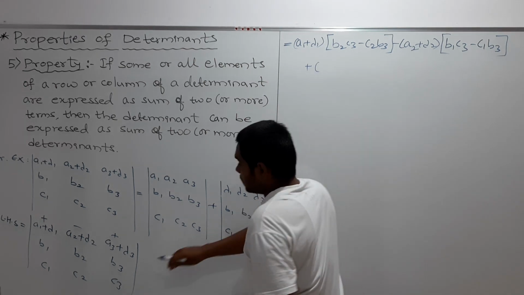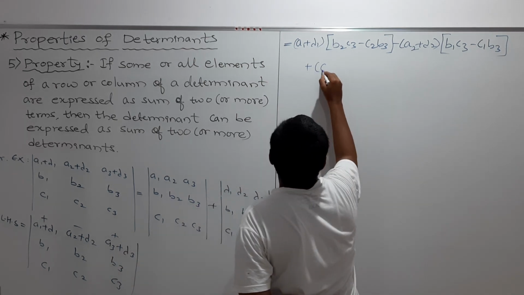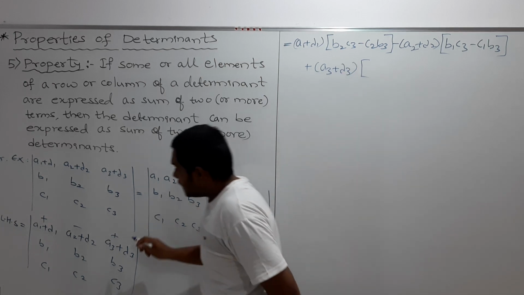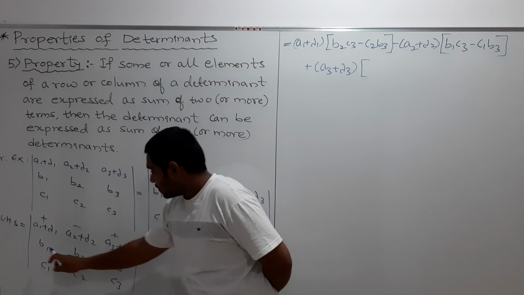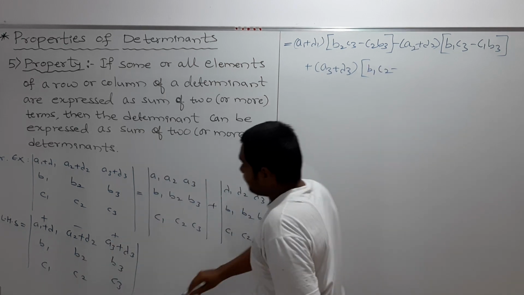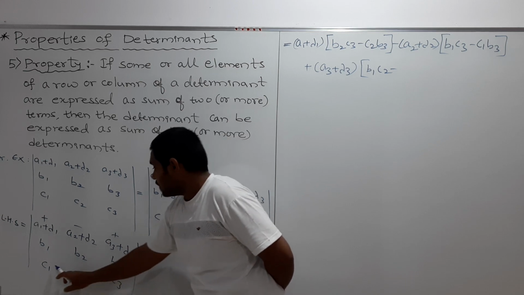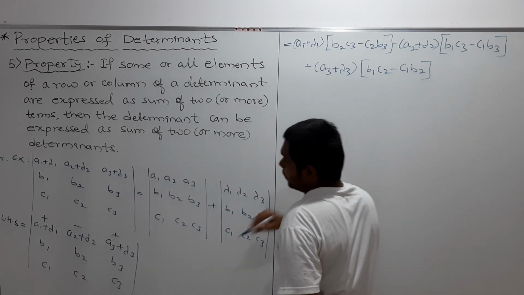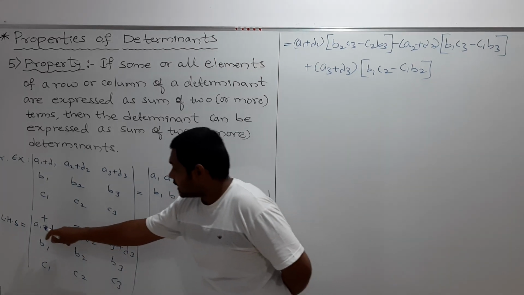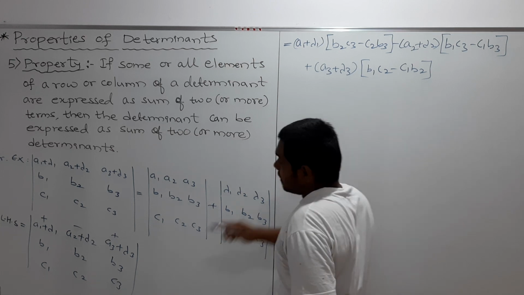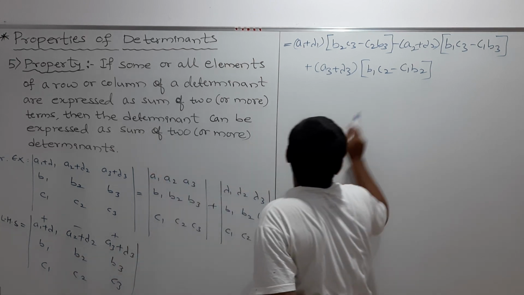Plus this element, a3 plus lambda 3, again leaving this row and this column, b1c2 minus c1b2, like this.